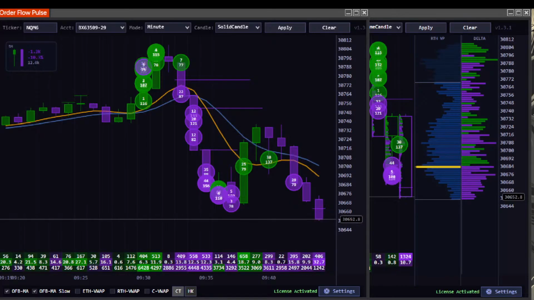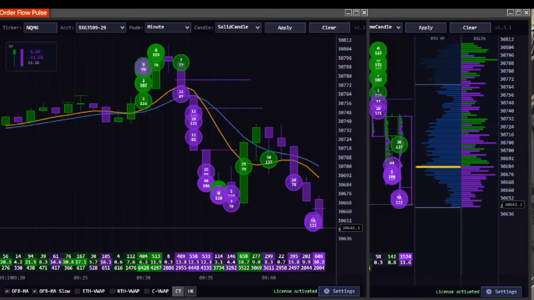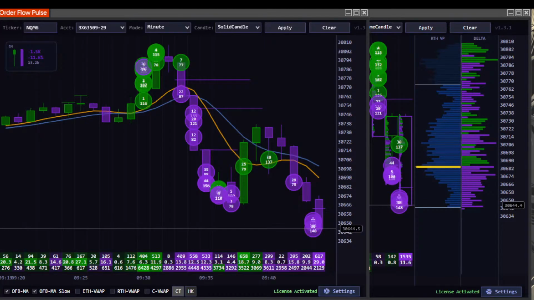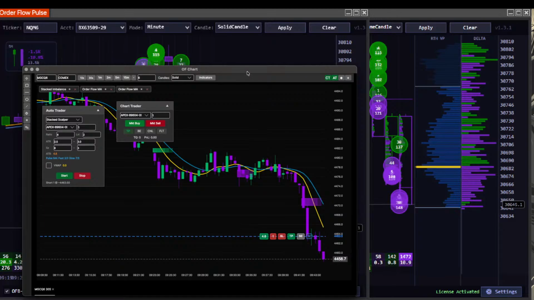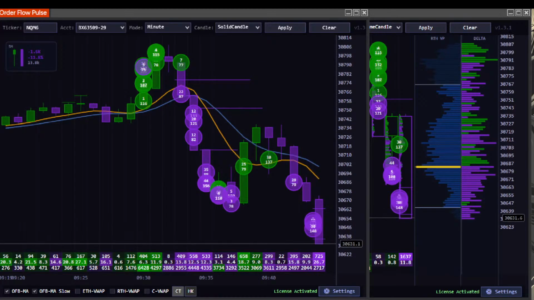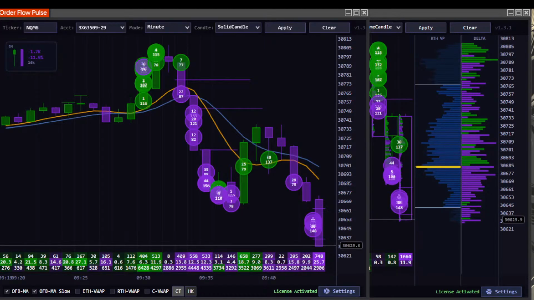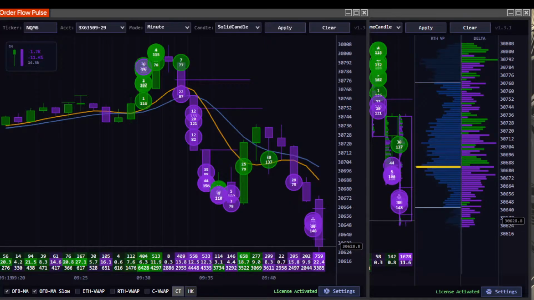Crazy jitters again. My auto trader for gold is like right there, so it's actually taking a trade. ATR is 34 on the NQ.